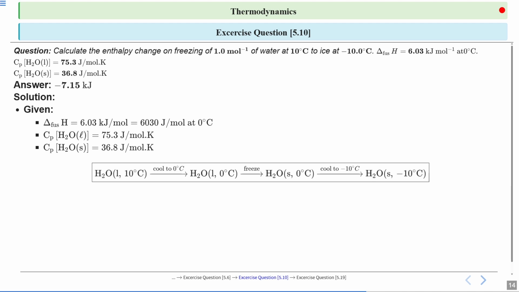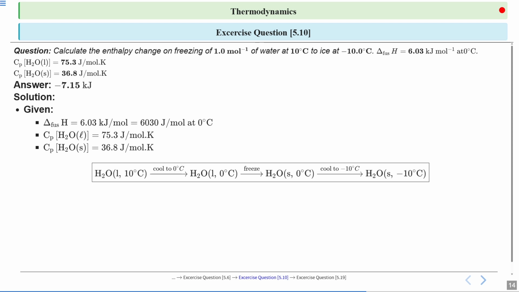Now what is the situation? There may be a case you won't be able to analyze the situation. So that is the part where you missed the question if you have not solved it. Now the situation says that you have to start from the liquid water. Then you have to move to 0 degrees Celsius with the water as liquid.